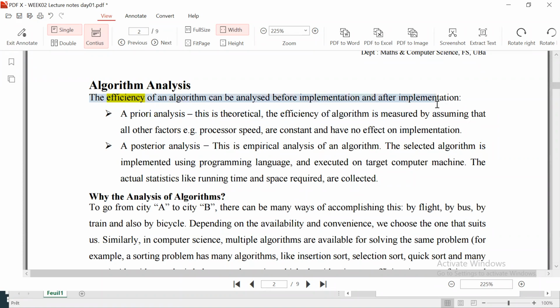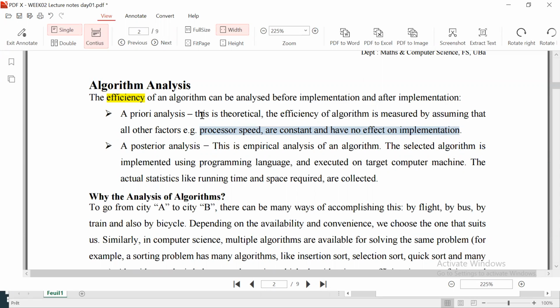So each time you write your algorithm, you need to first of all analyze the efficiency of such an algorithm, okay? The efficiency of an algorithm can be analyzed first of all before implementation, and that is a kind of theoretical approach. It means that after writing your algorithm, you are going to assume that all the factors are constant, for example, and then you try to compute the algorithm and estimate the processor speed and also the memory that the algorithm is going to use.